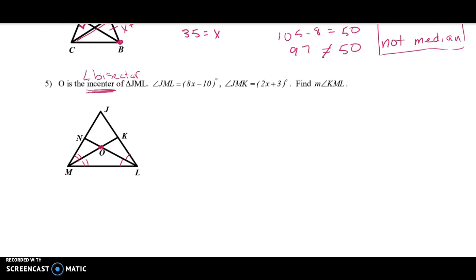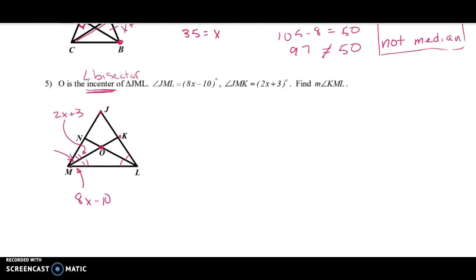Angle JML, the big angle, so I write that like this, is 8x minus 10. And then it says JMK, which is the little angle, JMK is 2x plus 3.